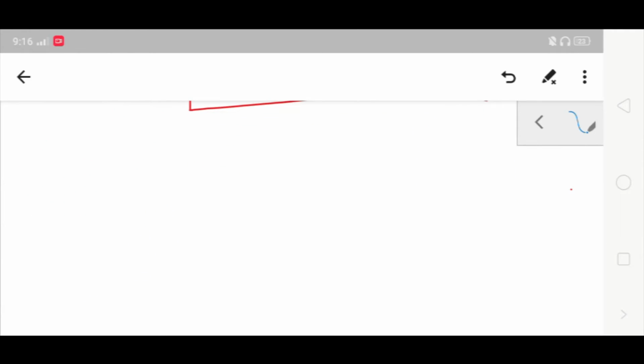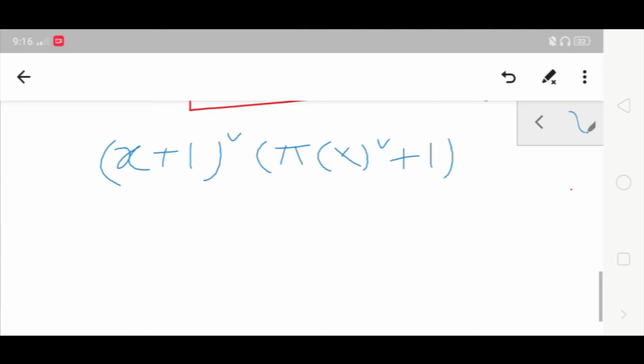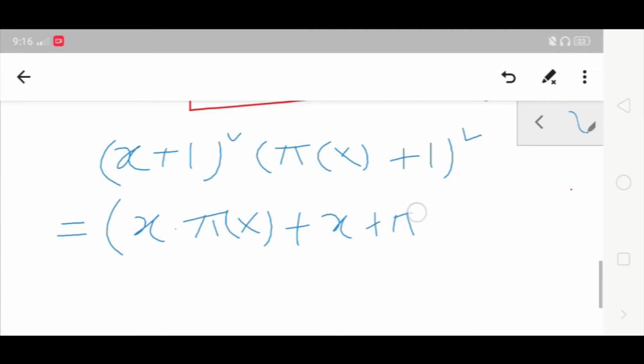Now I am interested to look into something which may ease this problem. Let's see. If we set x squared plus pi of x squared plus 1. Oh, I have made a mistake, x to the power square. Now this can be written as below: x times pi of x plus, pi of x plus 1, squared.